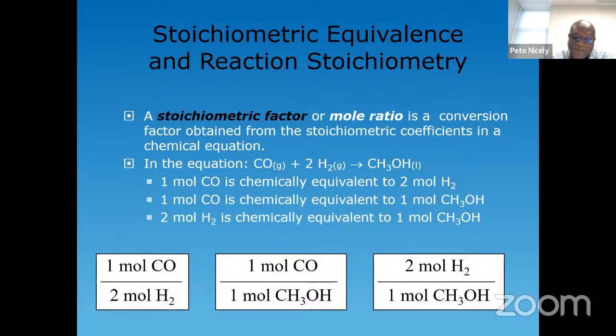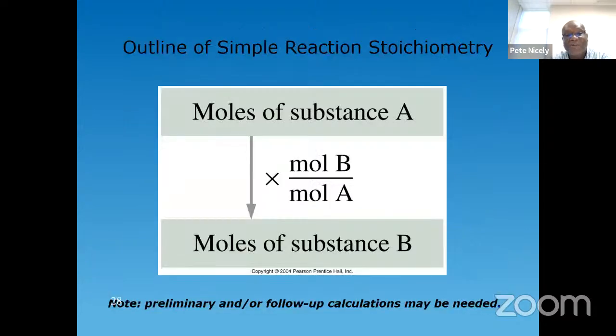So that's the reason why you have to know how to balance equations before you can establish the mole ratios. Now, whenever we're doing any calculations involving stoichiometry, basically it comes down to what you see here on the screen. Basically, it's a matter of converting the moles of one substance involved in the reaction to the moles of another substance based on the established mole ratio.